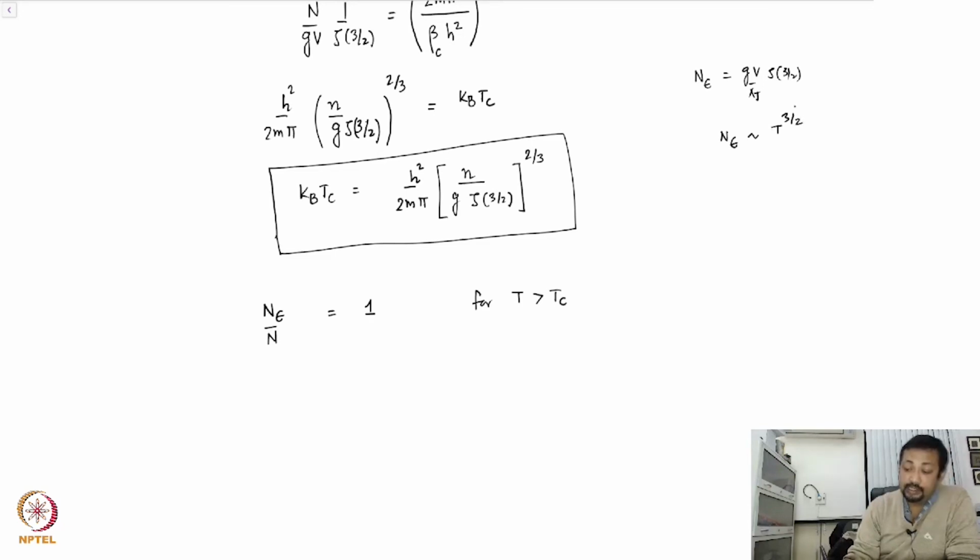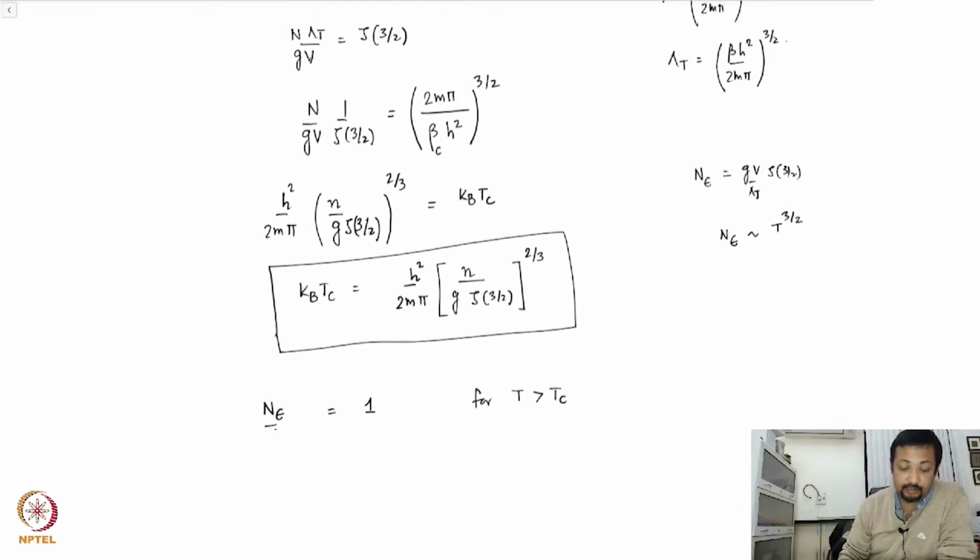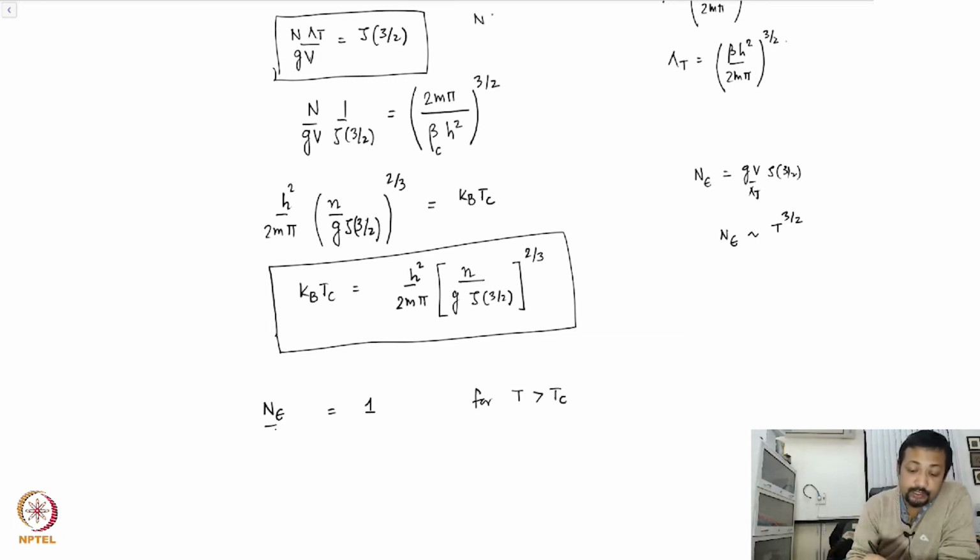And you clearly see that from this condition that we had, that this gives me the temperature at which the condensate starts to appear. So I can write down this as lambda Tc Gv is equal to zeta 3/2, so that lambda Tc is equal to Gv over n zeta 3/2, right?